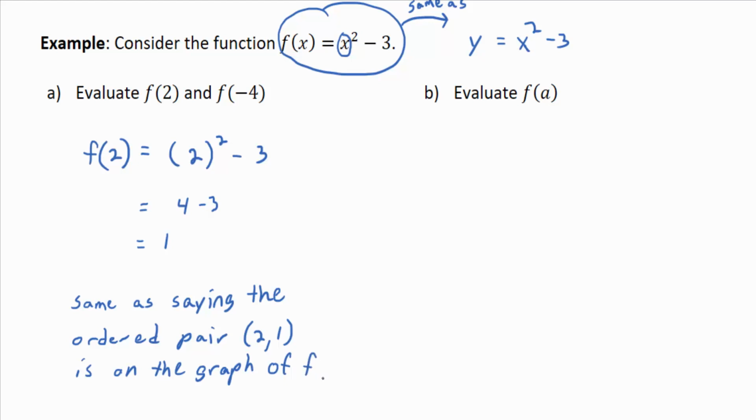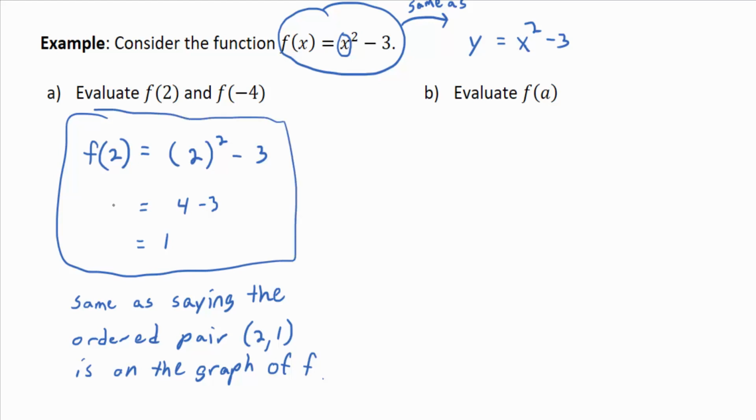F is also the name of the function. In other words, you can look at this notation and say, hey, the input is 2, and for an input of 2, you get an output of 1. And if you want to change that to an ordered pair, it's the ordered pair (2, 1). So different notation for stuff you're already kind of familiar with, isn't it? You've substituted numbers into equations lots of times.